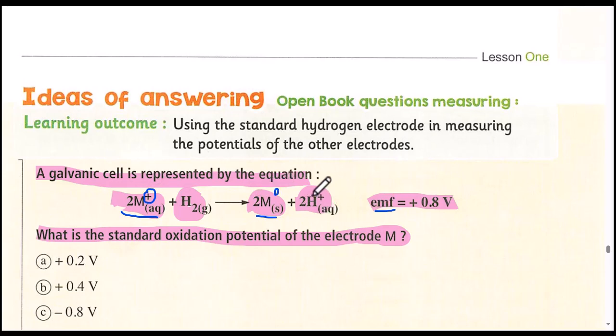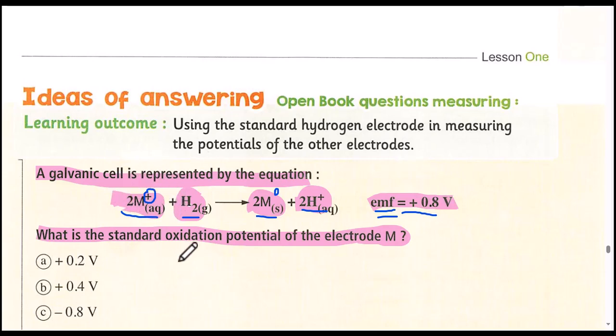As the standard oxidation potential of the hydrogen electrode equals 0, and the electromotive force of the cell equals the standard oxidation potential of hydrogen as anode plus the standard reduction potential of M as cathode, then the electromotive force of the cell equals the standard reduction potential of the cathode.